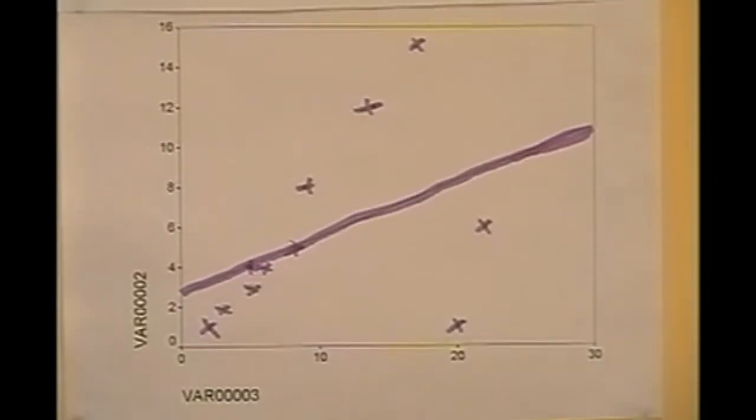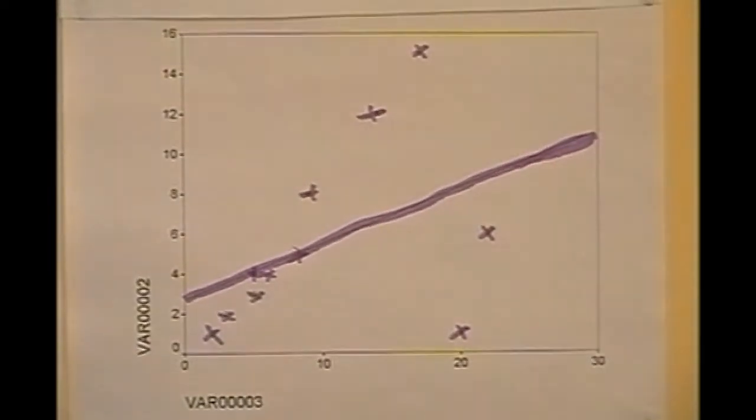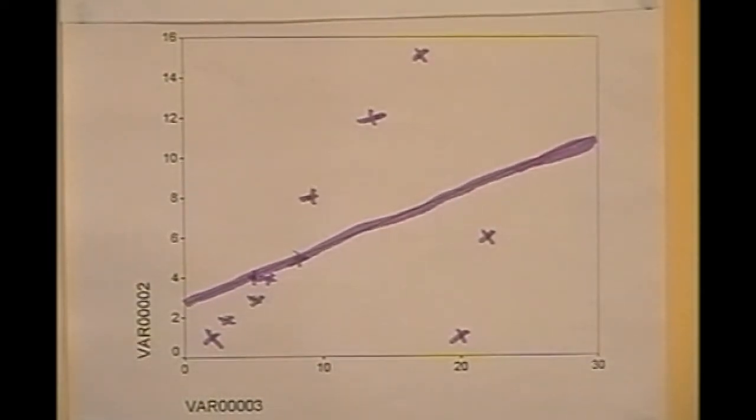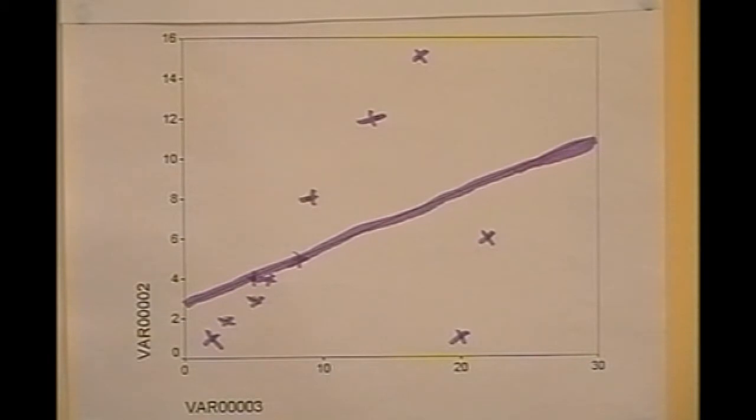Okay, not as much as the 45 degrees we saw before, but this is a positive correlation, and it's 0.44. So another example of looking at two variables, in this case variable 2 and variable 3, and finding out that the strength of the positive correlation between the two variables is +0.44.